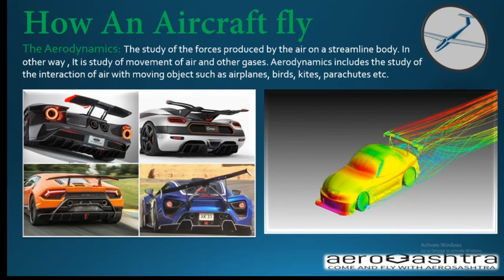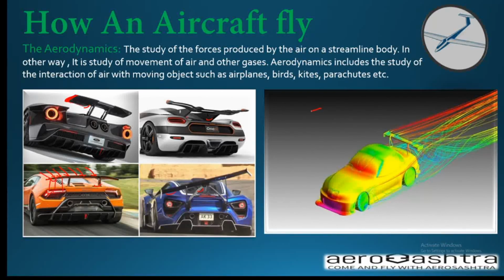Basically, the spoiler generates negative lift. See, this is your velocity, just now I have told you. If this is your body, then in the perpendicular direction, suppose it has some angle like this.